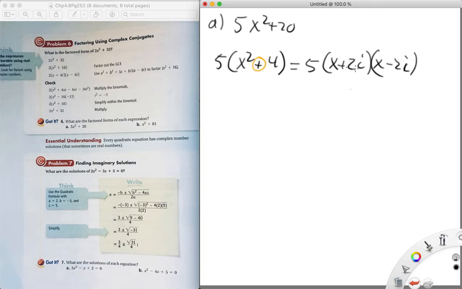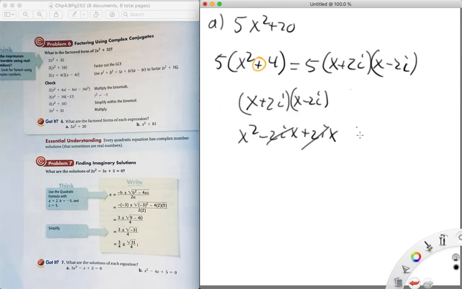Okay, so let's focus on this for a second and prove that it equals x squared plus 4. Using FOIL, it's x squared minus 2ix plus 2ix. They cancel. Then minus 2 times 2, which is 4, and it's going to be 4i squared.